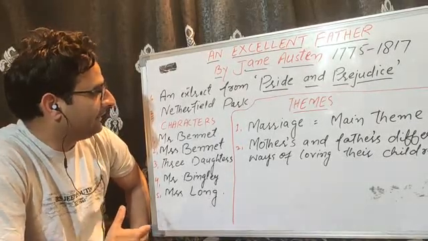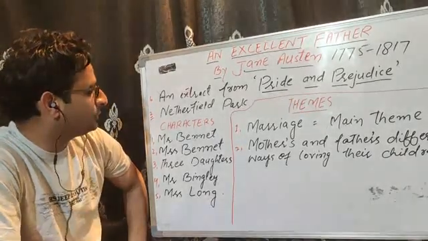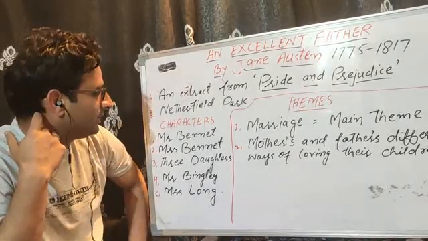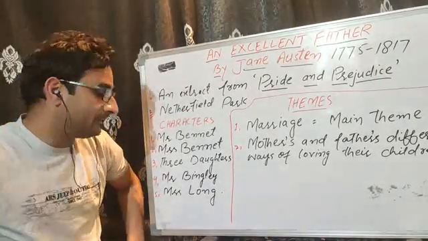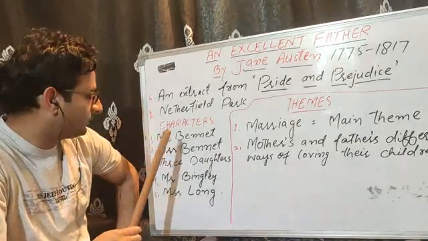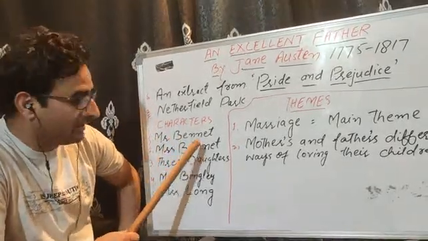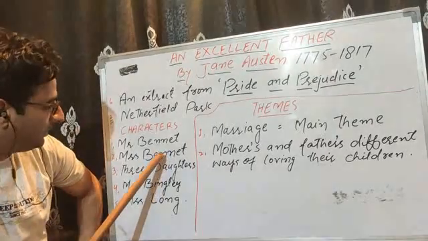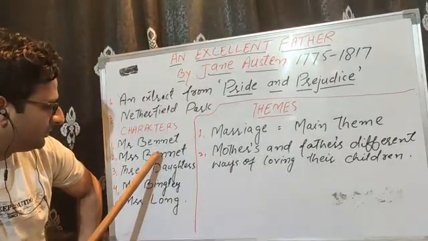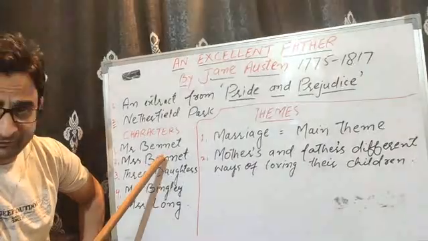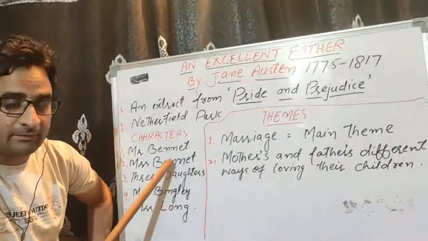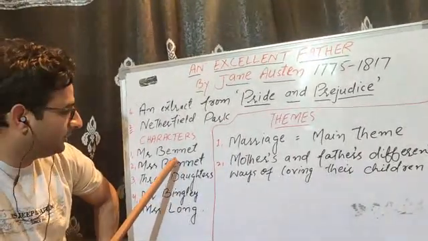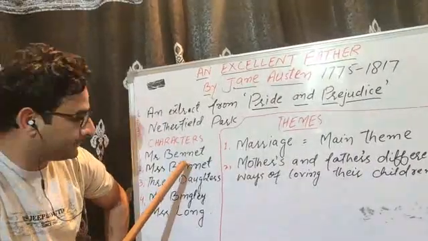Here, in An Excellent Father, you will find different characters, like I have written on the board. You have Mr. Bennet, who is a gentleman, who lives with his wife, Mrs. Bennet, and their daughters, and he likes to enjoy things.